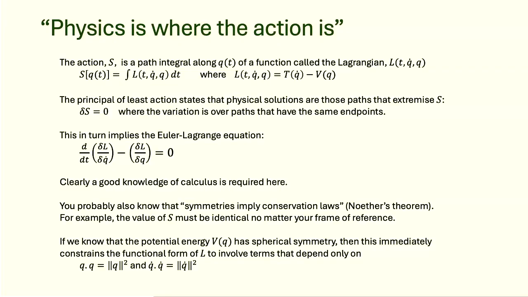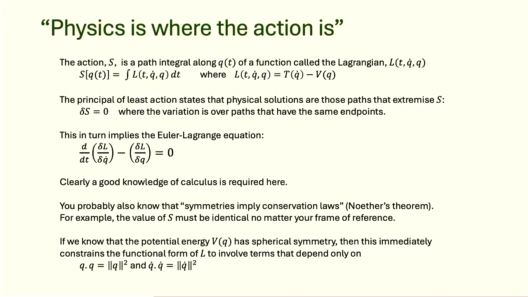So it's truly this principle of symmetry that immediately restricts what our equation can look like. The potential energy only depends on position squared, and the kinetic energy only depends on the velocity squared.